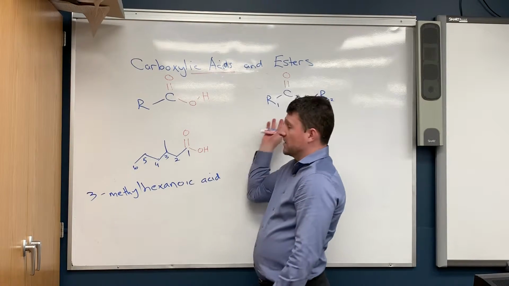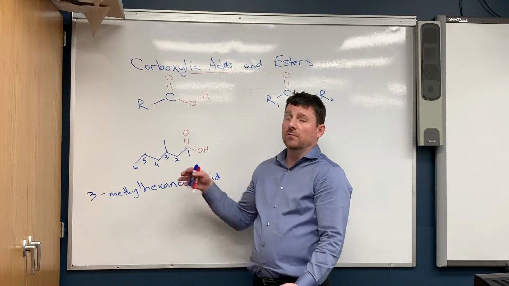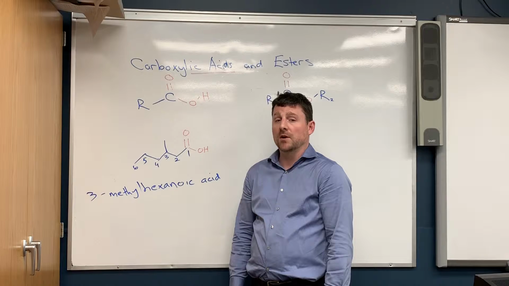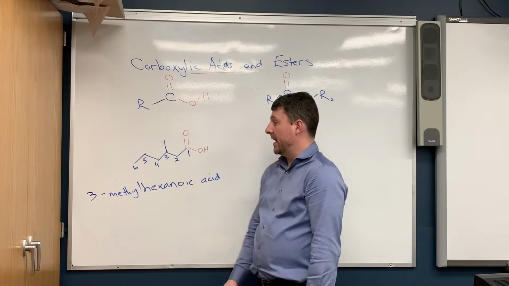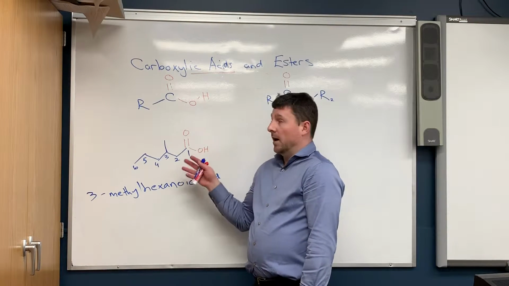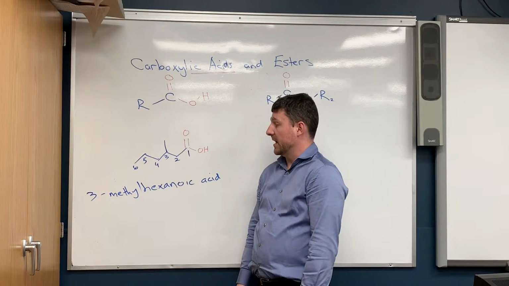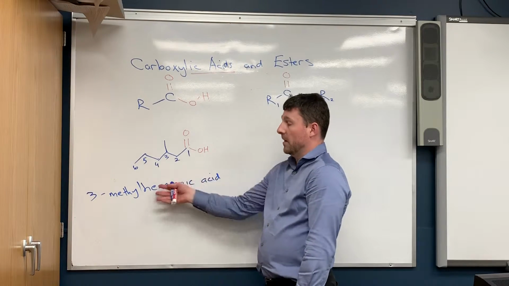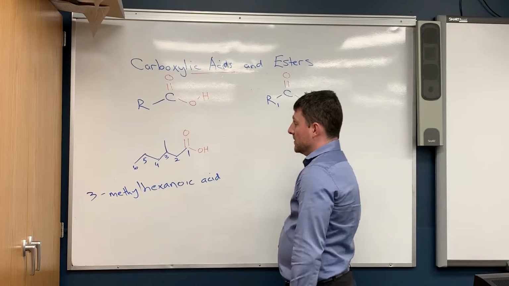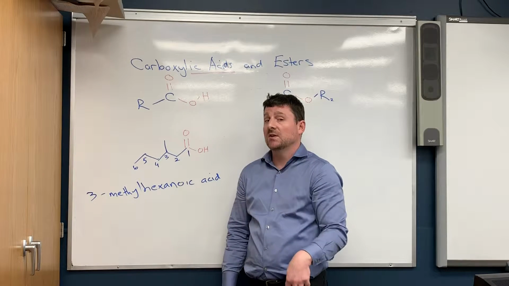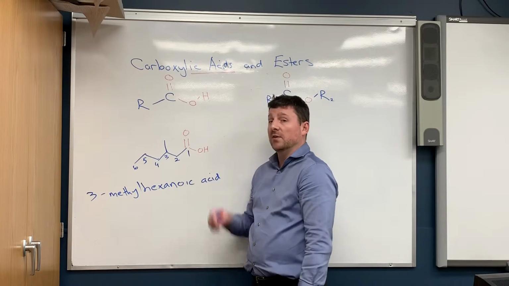Now, esters are interesting in that they actually take their root name from the carboxylic acid. So if I had an ester similar to this carboxylic acid, it actually takes its name from the carboxylic acid. What we do is first look at what would be the conjugate base that's left after we deprotonate our acid.